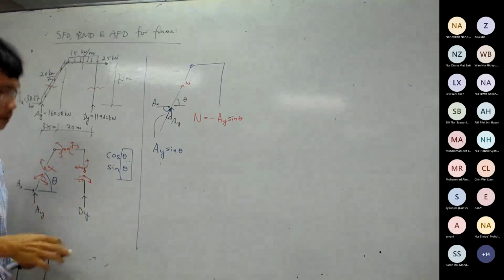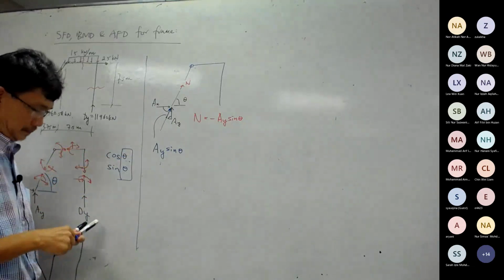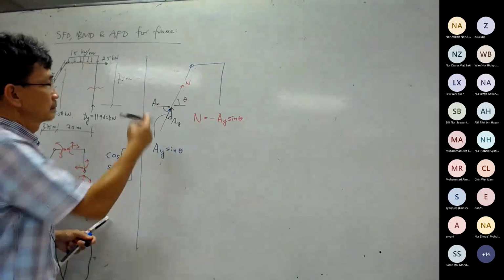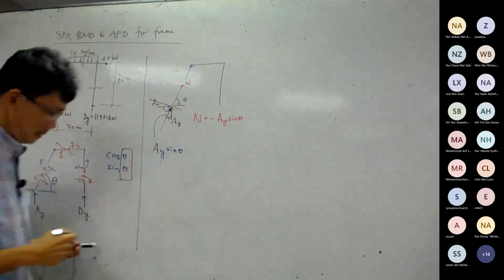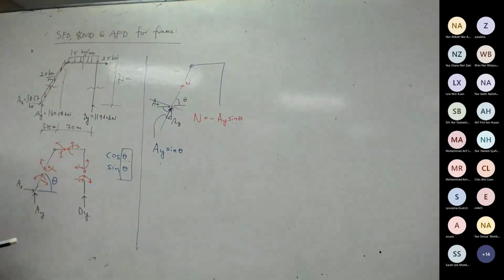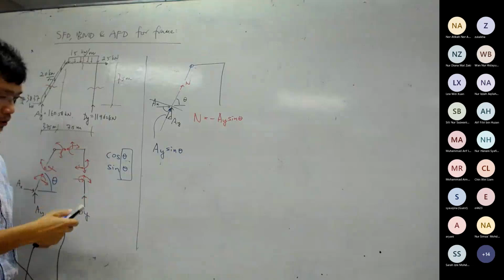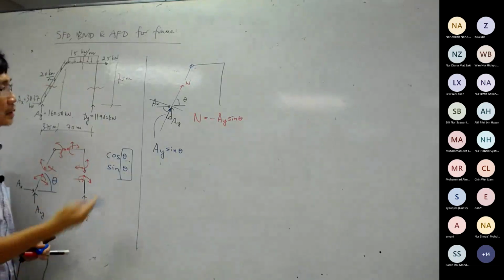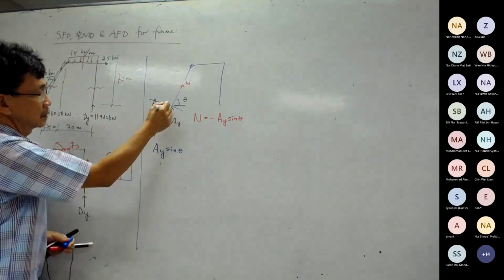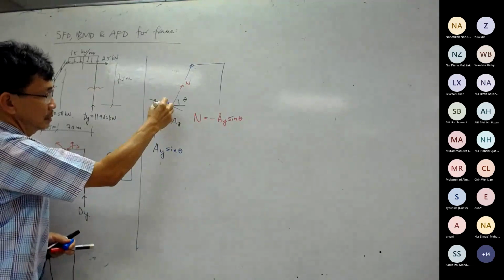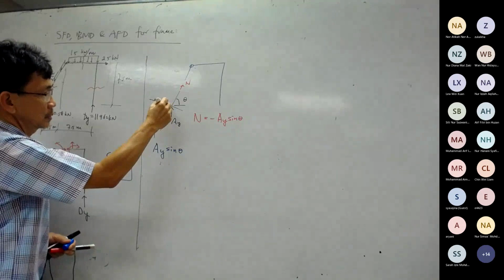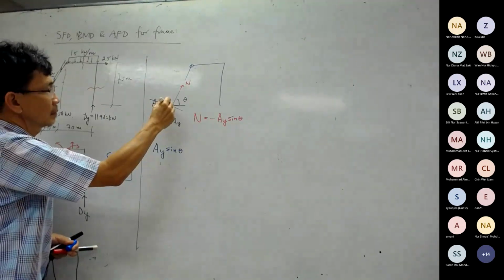Then next is to get the component of this in this direction. So that component will be this one. It's a bit congested.